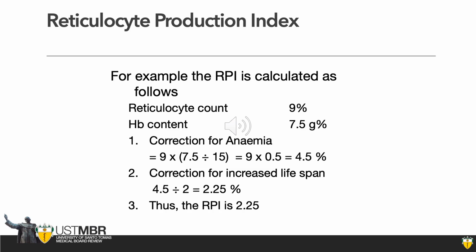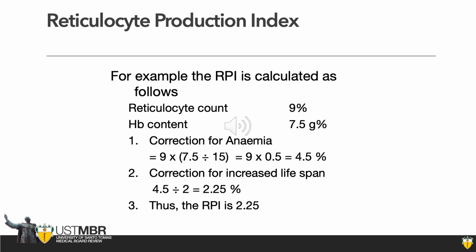And for you to get the RPI, you have to divide the 4.5% to a correction factor. And the constant that we use is 2. And so 4.5 divided by 2, you get an RPI of 2.25.